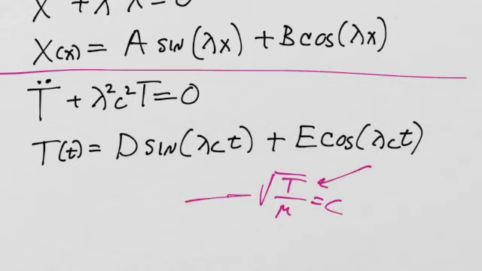But remember, I'm working on a guitar string, so I should be able to figure that out from the layout of my guitar string. In other words, I control the tension, and I buy strings with a specific known mass density as reported by the manufacturer. So I can control c.